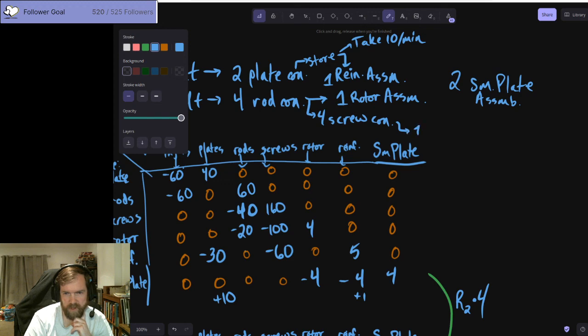So 1 goes to the reinforced. Okay, 1 goes to reinforced. Oh, no. Okay, 1 split. And 2 go to rotor.